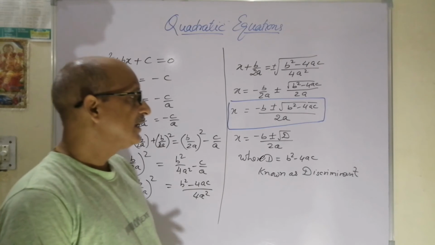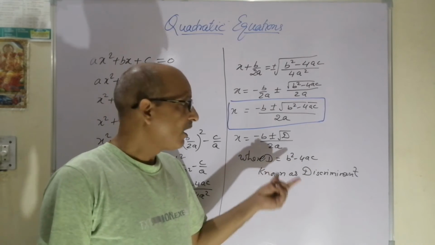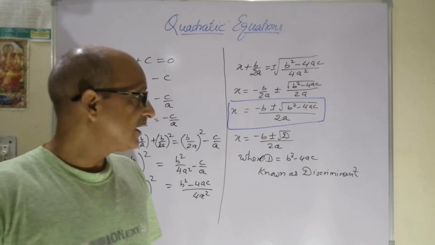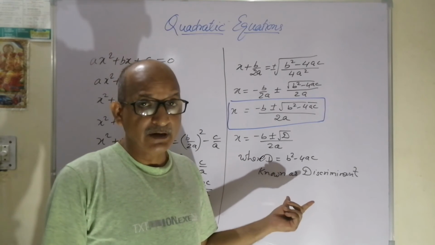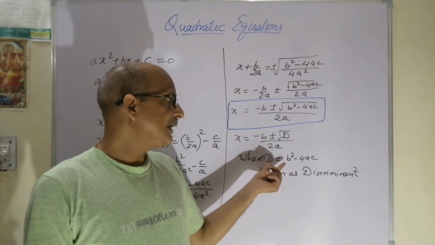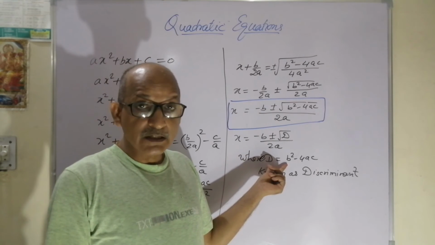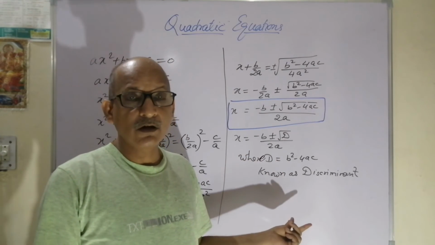Now students, it is a very important term, because on the basis of D only we decide whether we can solve the equation or not. If D is giving us permission to solve, only then we can solve.